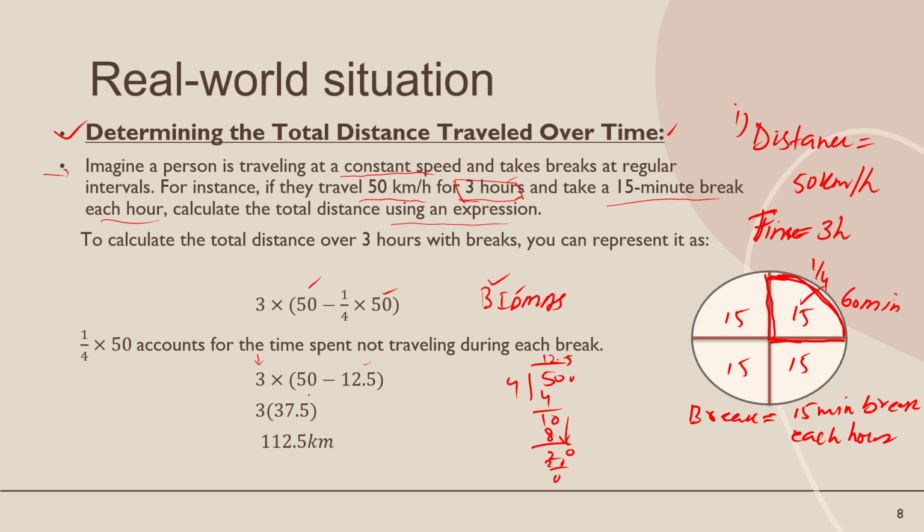If I subtract 12.5 from 50, we get 37.5. If we multiply this with 3, your answer will be 112.5 kilometers. So this is the total distance he traveled in 3 hours at a constant speed of 50 kilometers per hour.